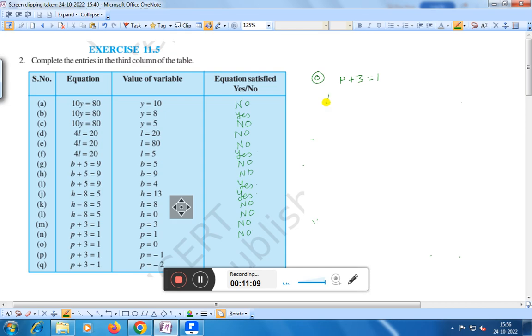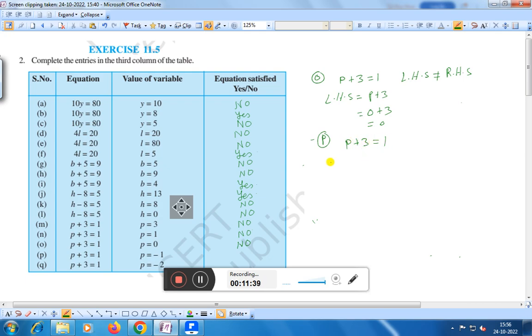Left hand side is equal to p plus 3, and the value of p is 0. 0 plus 3 is equal to 3. Therefore, left hand side is not equal to right hand side. It doesn't satisfy the equation. The answer is no.